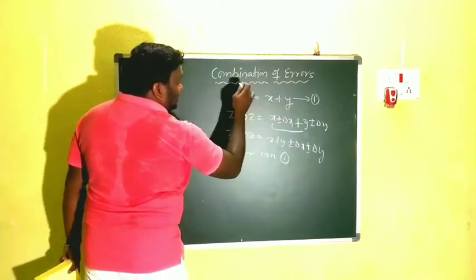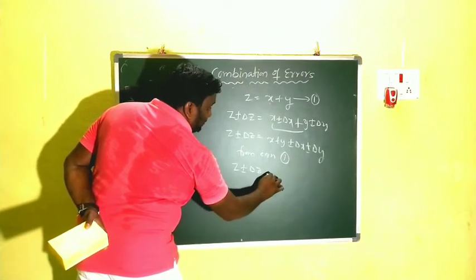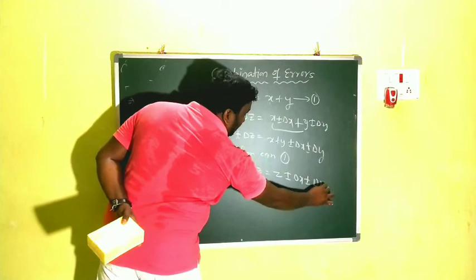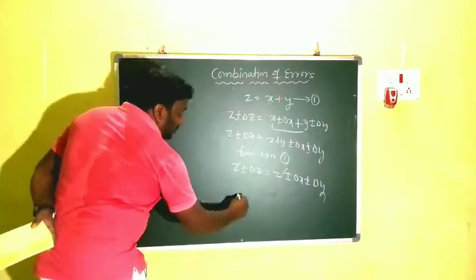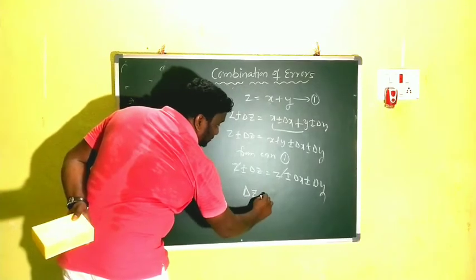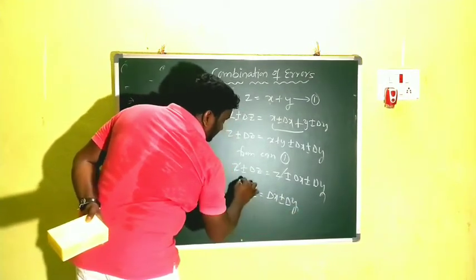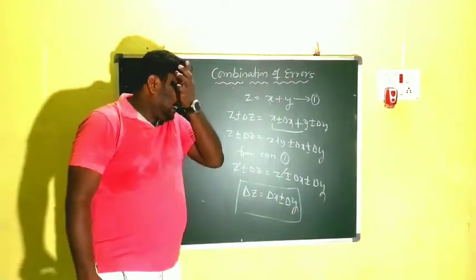That's why from equation 1, x plus y means what? Z. Then I am writing z plus or minus delta z is equal to z plus or minus delta x plus or minus delta y. Here z cancels, then what do you have? Delta z is equal to delta x plus or minus delta y. Clear? So this is what you got: delta z.